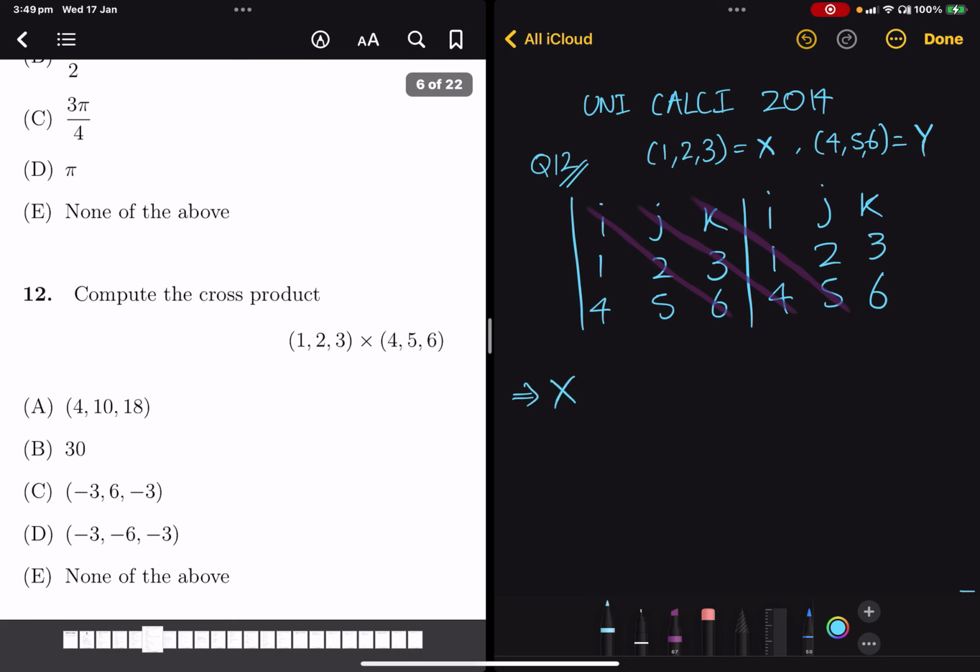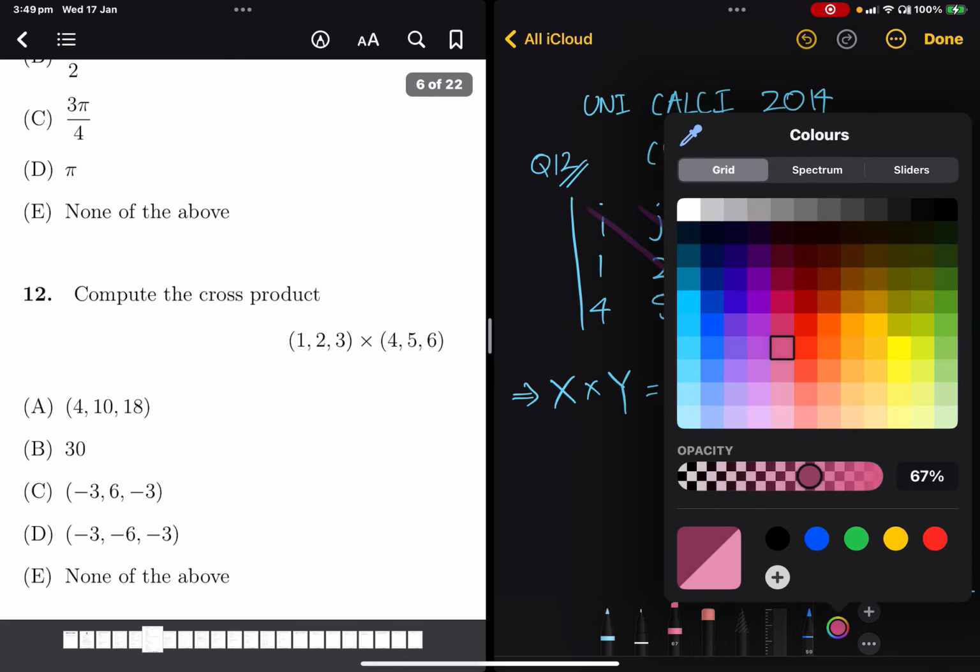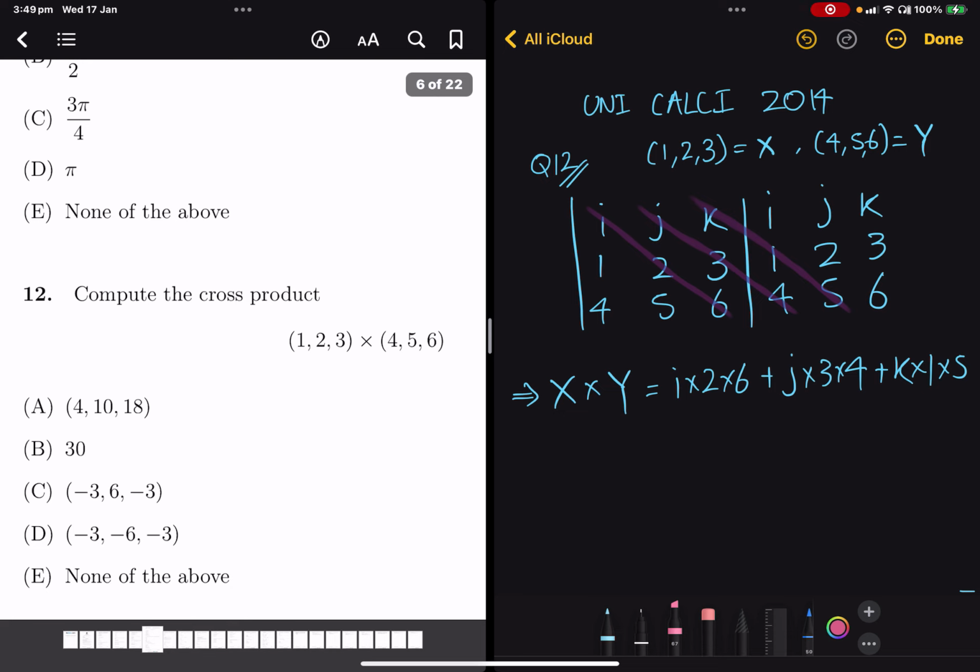So X cross Y is equal to i times 2 times 6, plus j times 3 times 4, plus k times 1 times 5. So this is the first part. Now we have to do 3 more pairs of multiplications: k times 2 times 4, i times 3 times 5, and j times 1 times 6.